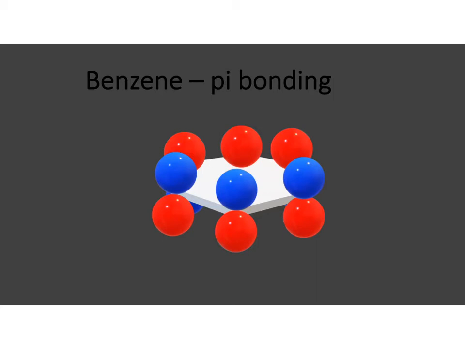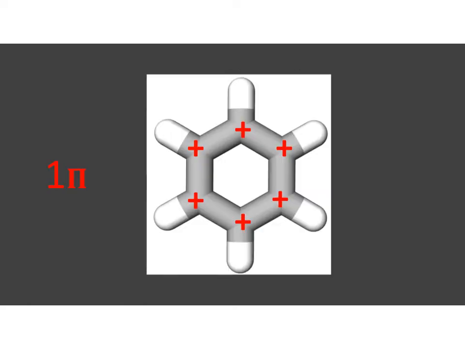So in a similar way where we could form bonding and anti-bonding orbitals in a pi bond, we can equally form bonding and anti-bonding molecular orbitals when we combine these 6 p orbitals to form those molecular orbitals.